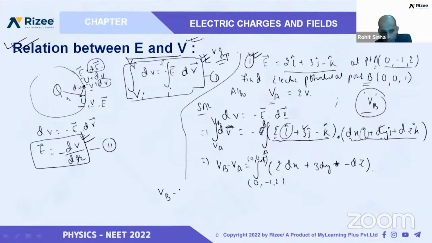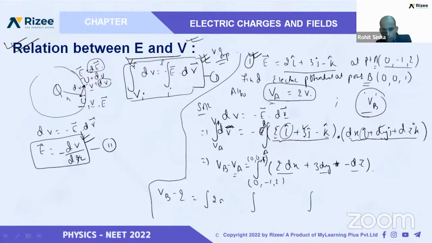Now what we will do, VB minus VA. It is given that VA is 2 volt, at point A it is 2 volt. We can replace it by 2. Since it has 3 terms in the integration, we will break the integration into 3 parts, like this.